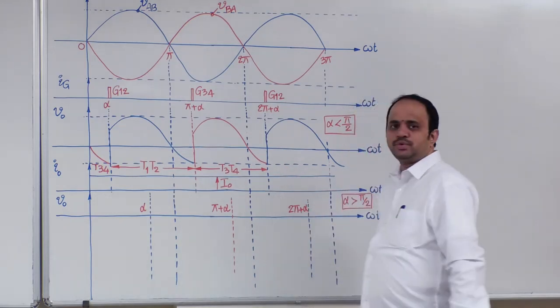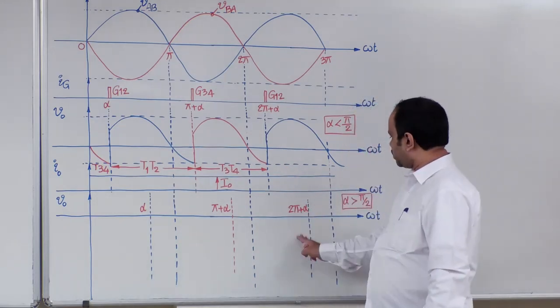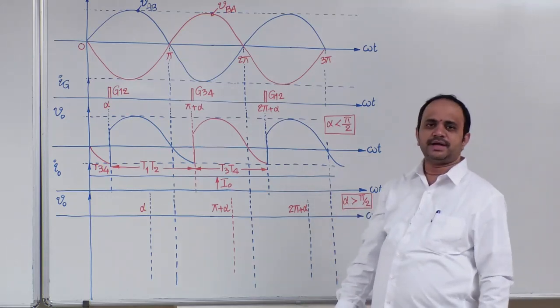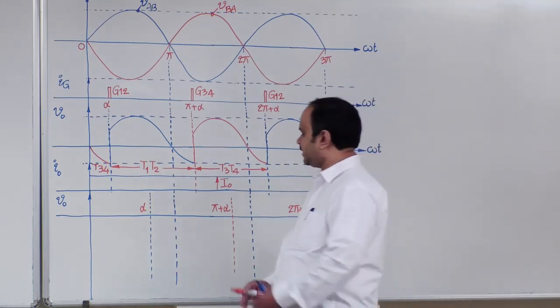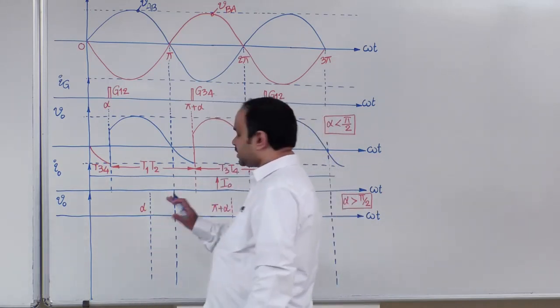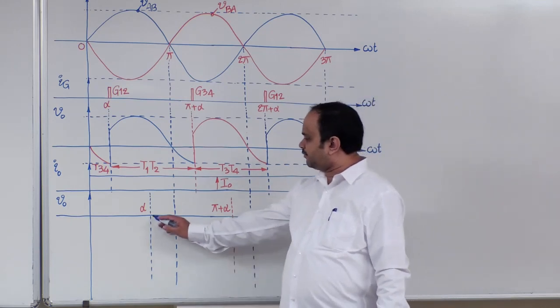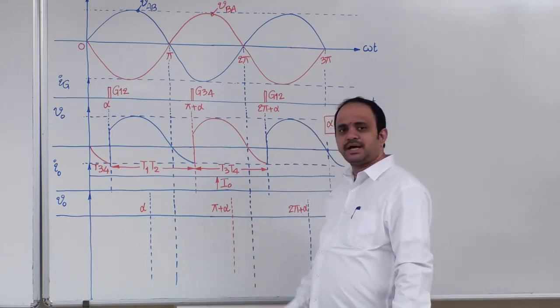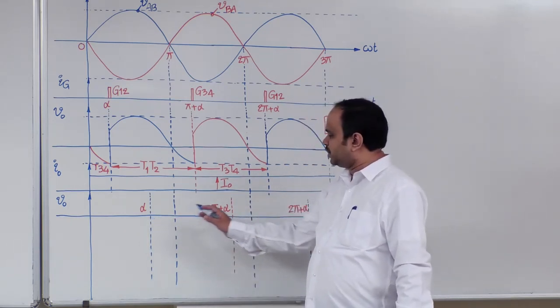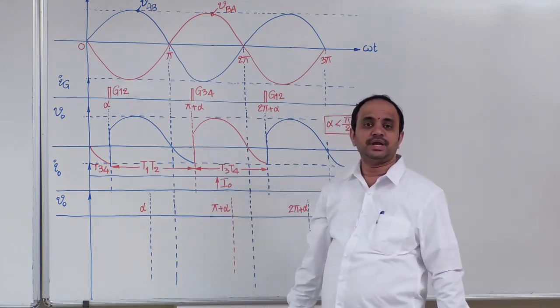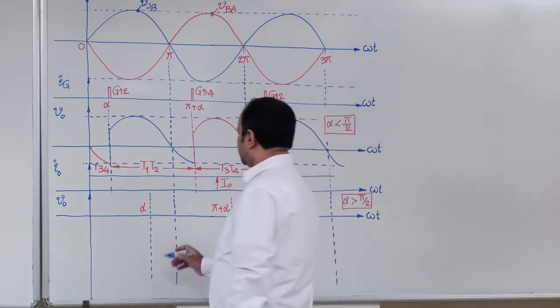Follow carefully. I am drawing the output voltage waveform for alpha greater than 90 degree. Okay. So the basic concept is the same. From alpha to pi plus alpha, the output voltage will follow VAB, the blue color sinusoidal.